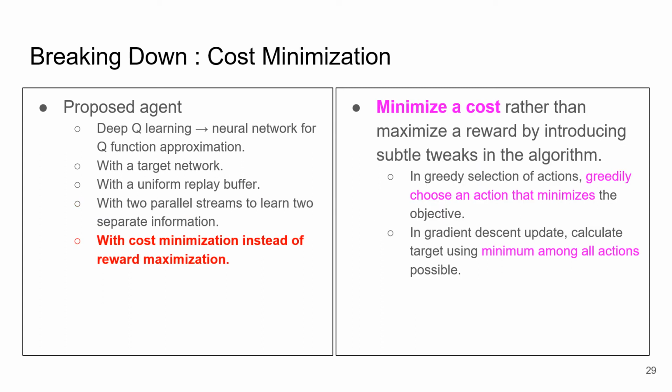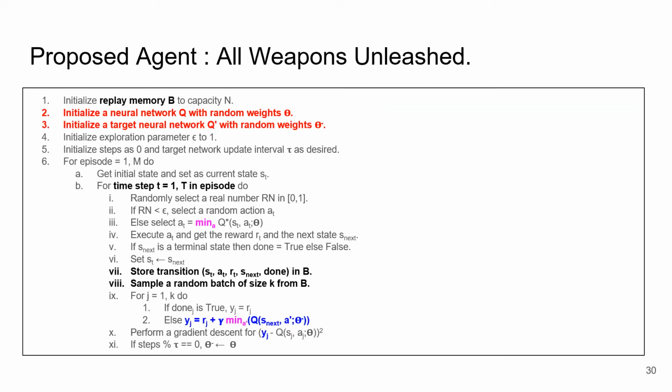Also, as we have a cost function instead of a reward function, we replace every maximizing operation in the DQN algorithm with a minimizing operation. This inherently makes this learning objective a minimizing task. This is what the full unrolled version of the algorithm with the tweaks looks like.